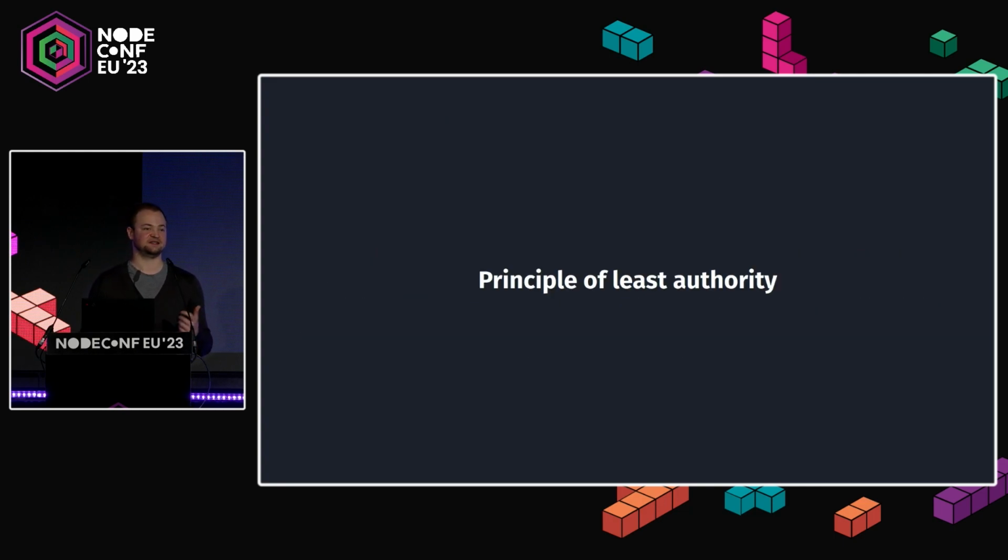A keyword that's brought up a lot in this area is the principle of least authority, or principle of least privilege. It is a very intuitive concept. Ideally, if your code is supposed to do one task, it should only have the privileges required to fulfill that task. If you're writing a file system tool, it shouldn't necessarily have access to the network, right?